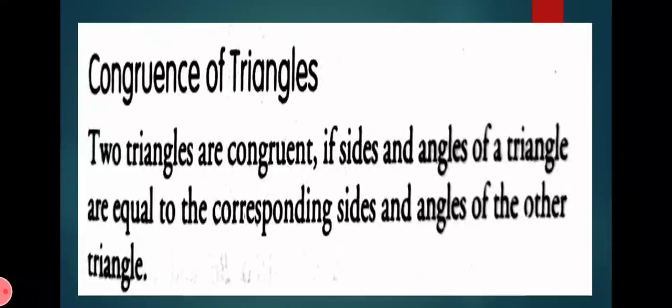Corresponding means respective. If you take one side of one triangle, then you have to match it with the respective side of the other triangle, second side with second side, third side with third side. Let's see in the example.